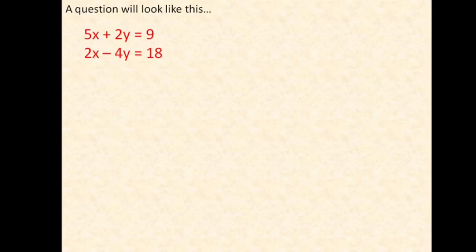We have two linear equations in two variables. The first equation is 5x plus 2y is 9 and the second equation is 2x minus 4y is 18. We are going to solve these two linear equations by using Cramer's rule.